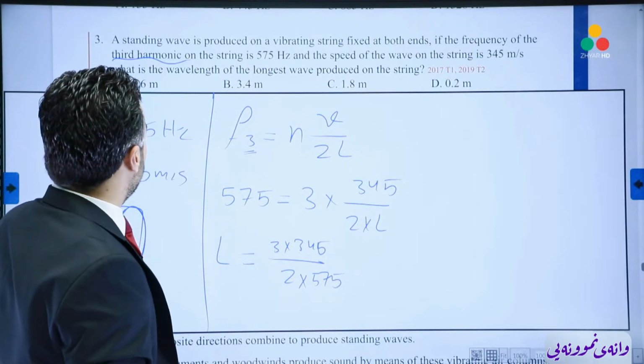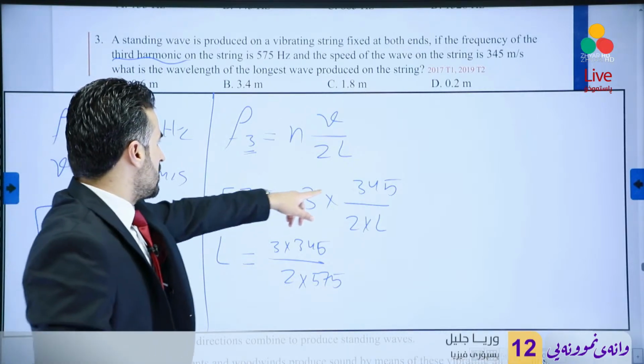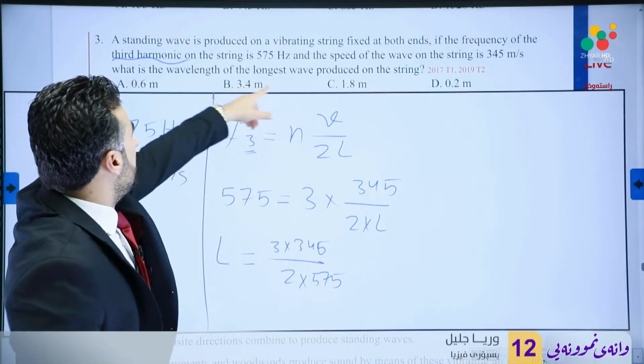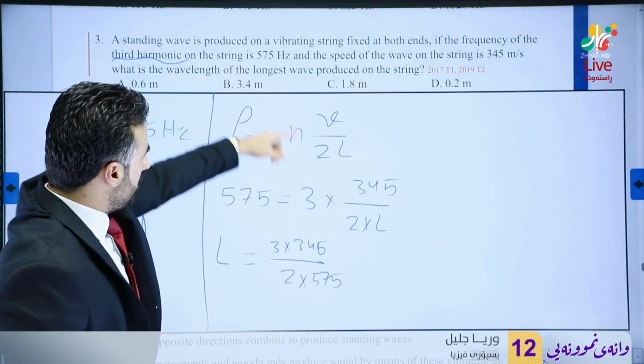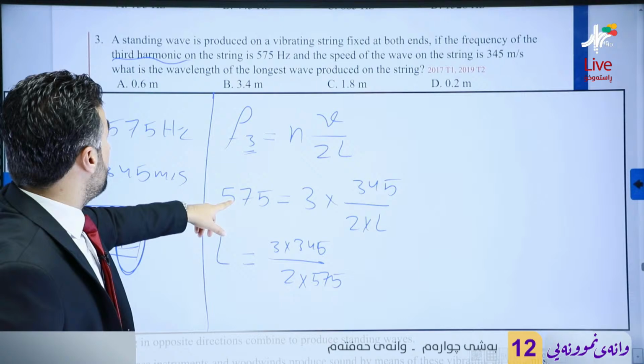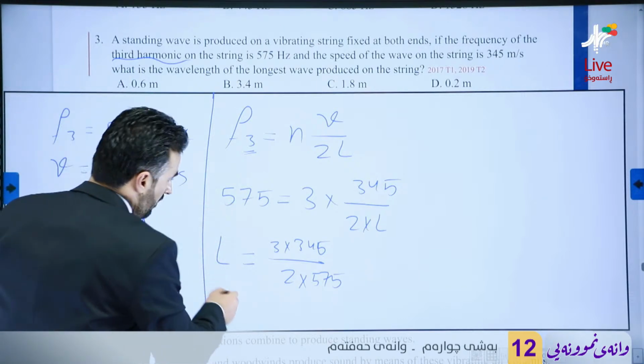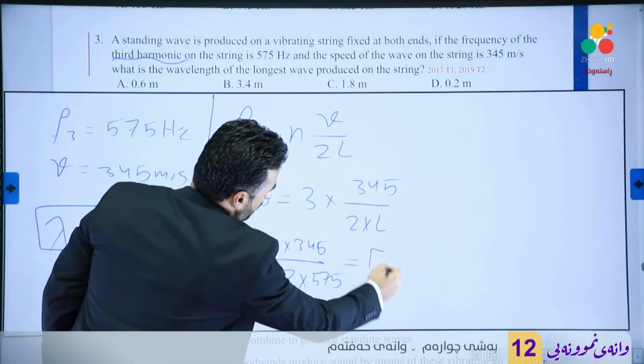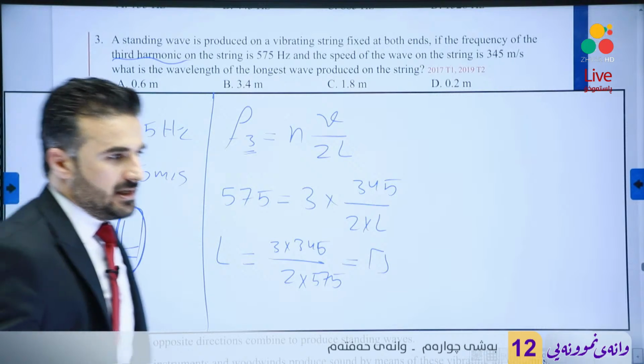Let's double check with the numbers. Third harmonic, that is 3, speed on the string, that is basically 345, that is also correct. And then the frequency is 575, that is also correct. So now do the calculation, you will find the length. What is the length? You can use a calculator.